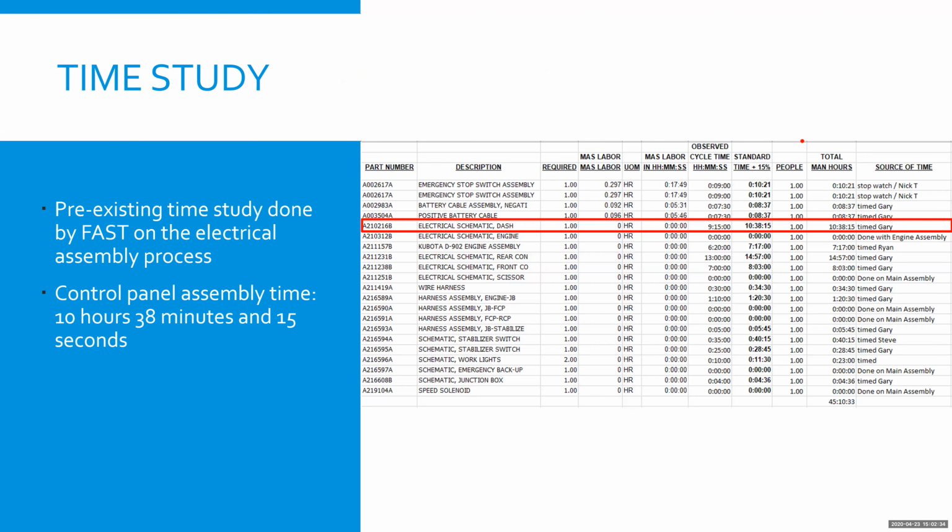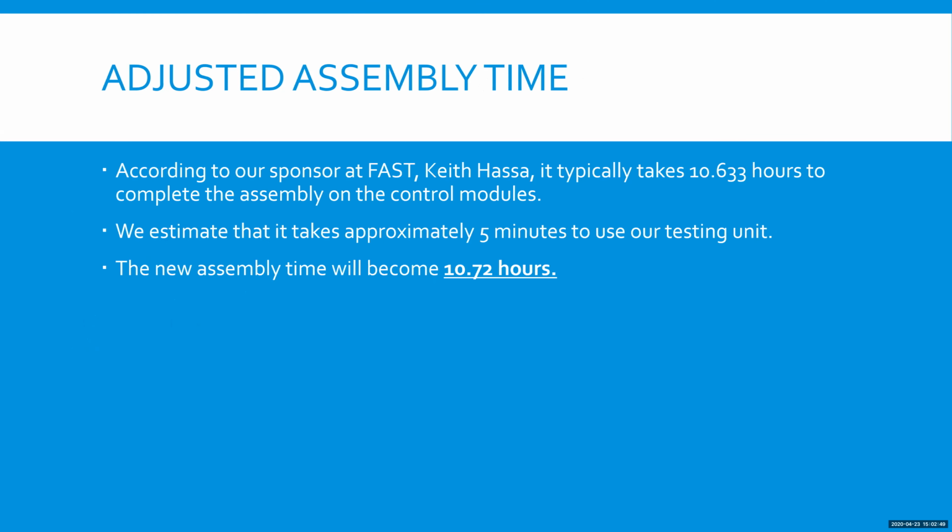We had time study data given to us from the company, and from that data, it was determined that the assembly time for the control panel, which is all we needed to focus on, was 10 hours and 38 minutes and 15 seconds. And so when we adjusted the assembly time with the new process that would be added, which is testing the unit to make sure it works, we added 5 minutes because that's what we estimated it would take to use.